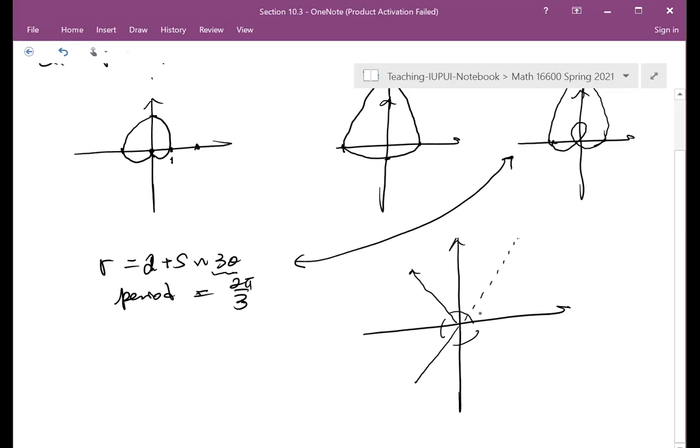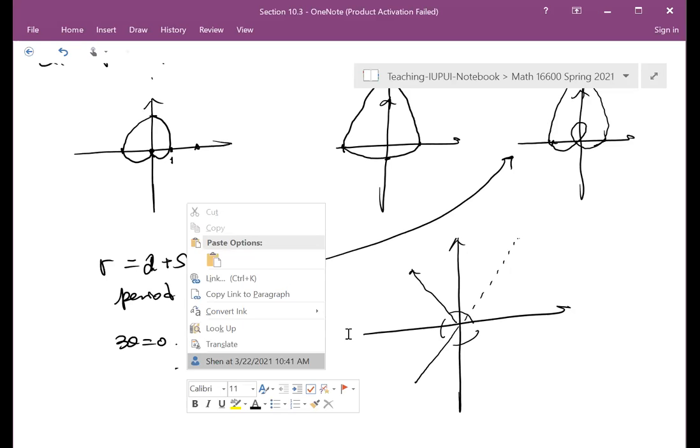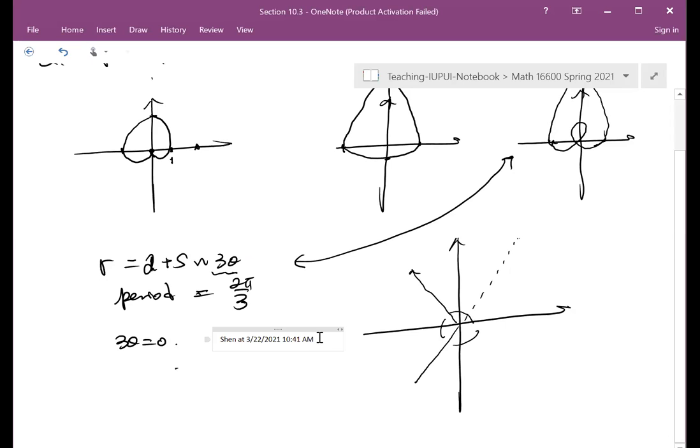You can choose a few points. When 3 theta equals 0, r is going to be 2. When 3 theta equals pi over 2, r is going to be 2 plus 1, which is 3.